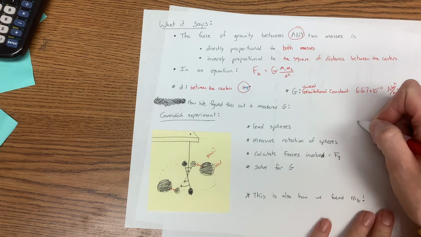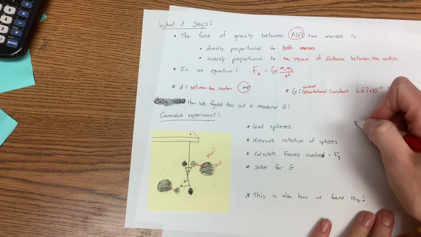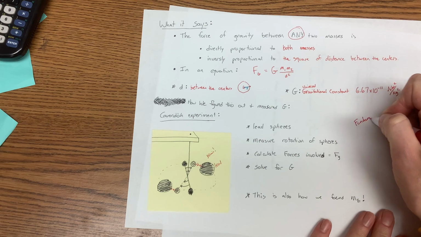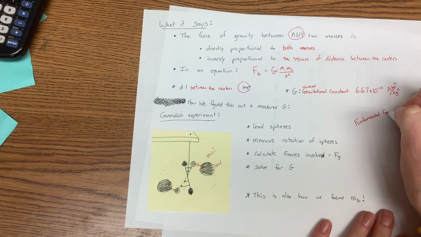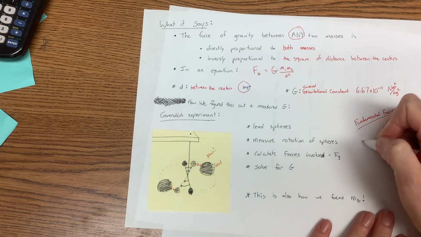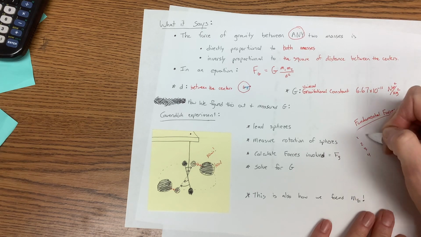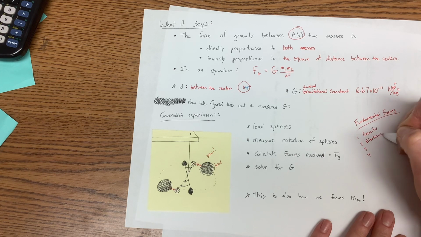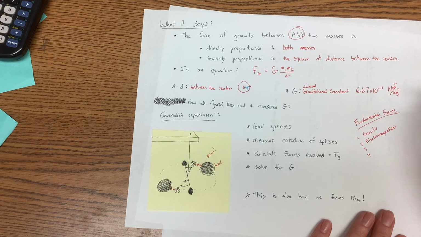There's some other fundamental forces. Gravity is one of them. I didn't write this down yet. Fundamental forces, I think we've talked about these a long time ago. There's 4. 1, 2, 3, 4. Gravity is one of them. Electricity, electromagnetism. It turns out electricity and magnetism are two sides of the same thing.